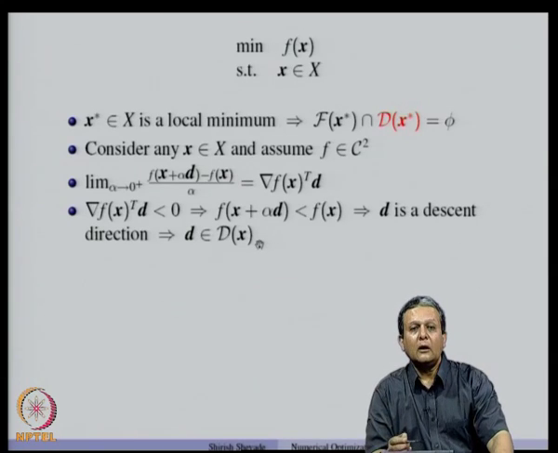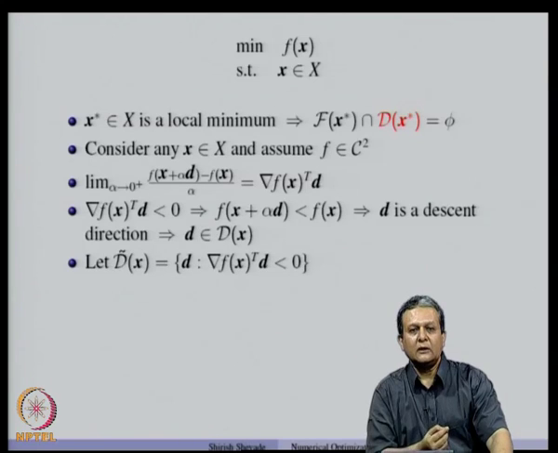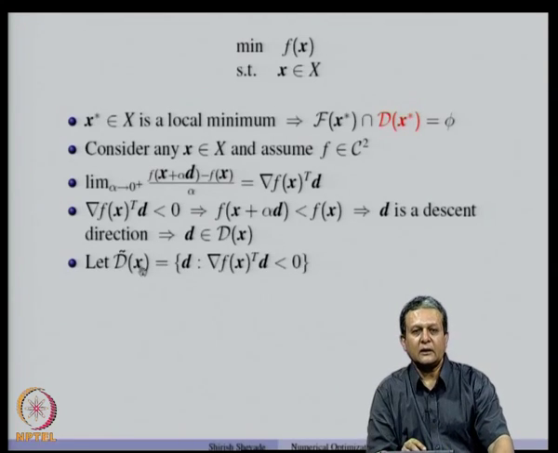So, if we are able to find a direction d such that the direction d makes an obtuse angle with gradient f x, then we can say that d is a descent direction. So, let us define a set D tilde to be the set of all directions d such that those directions make an acute angle with gradient of f of x.